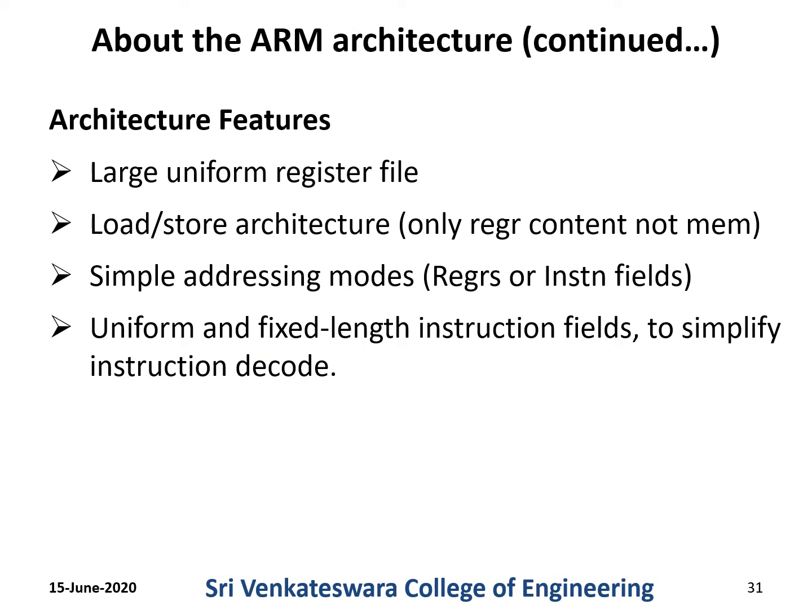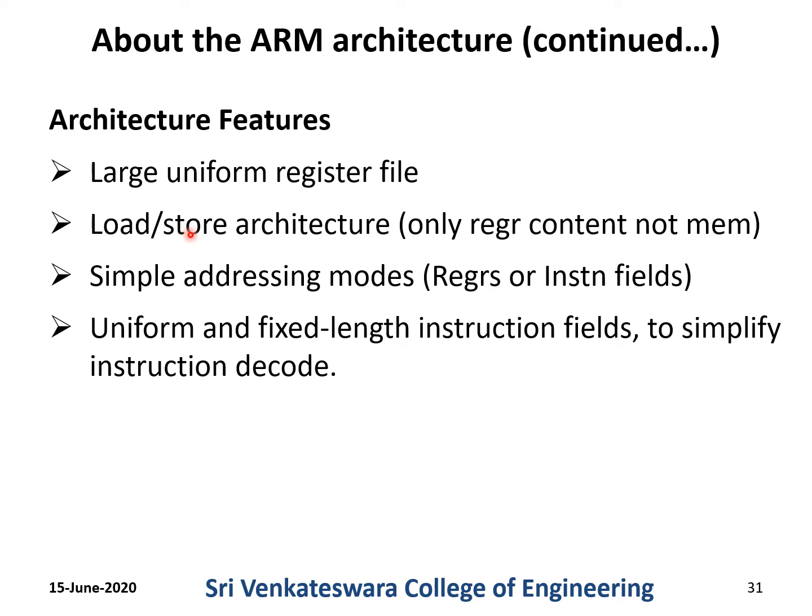Here the ARM architecture features are listed. ARM architecture has a large number of uniform register files. All the registers are 32 bits in size. Also, ARM architecture supports the load and store method.